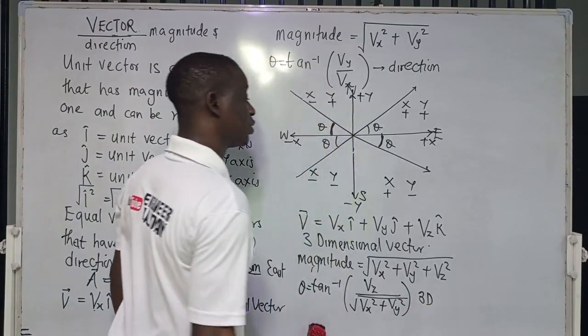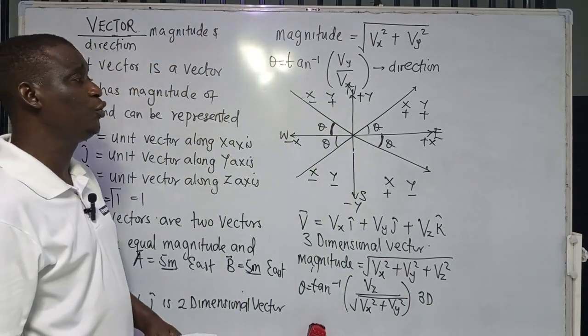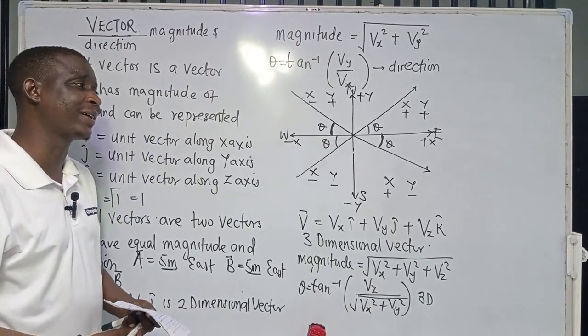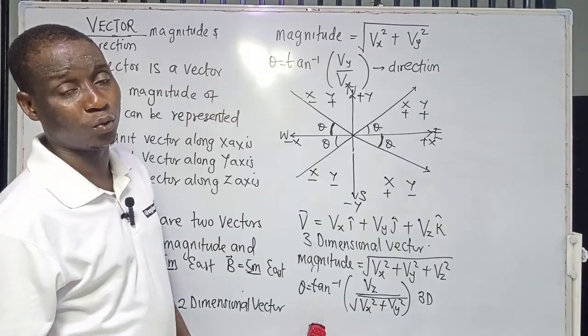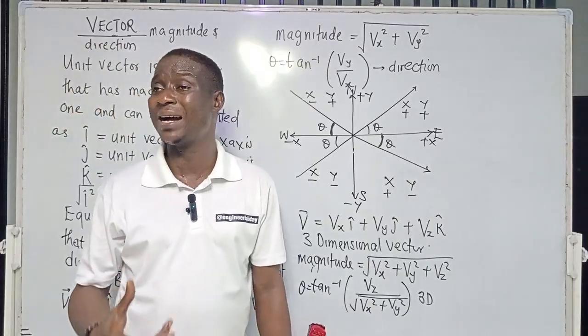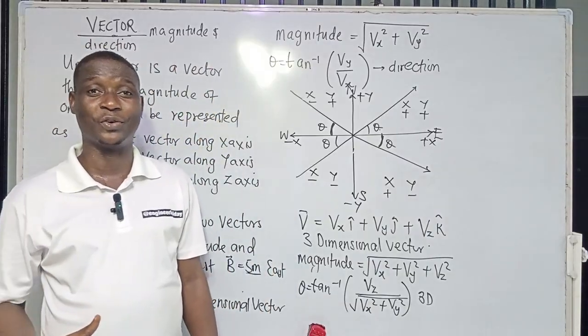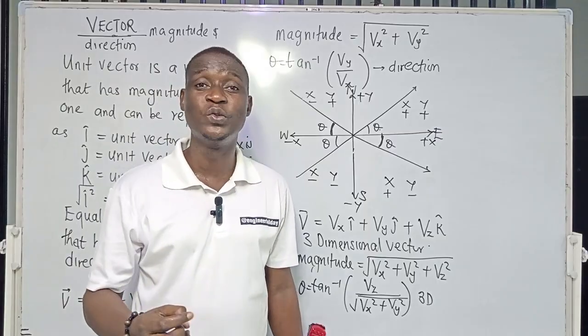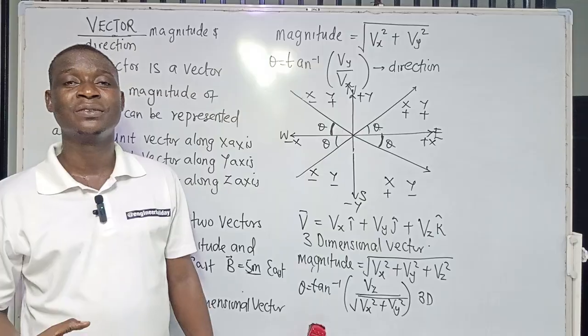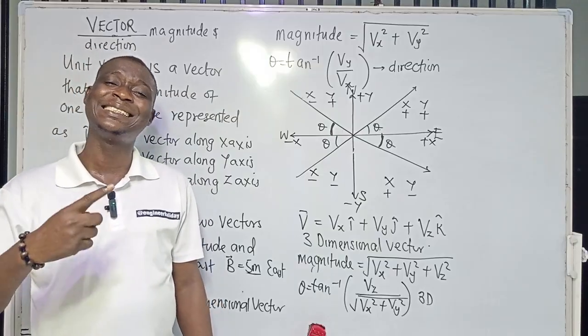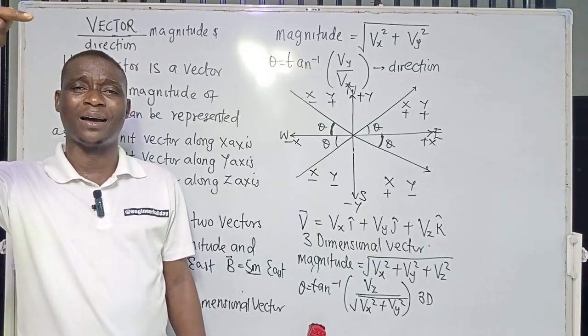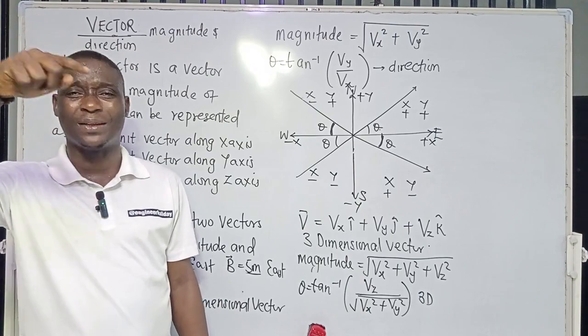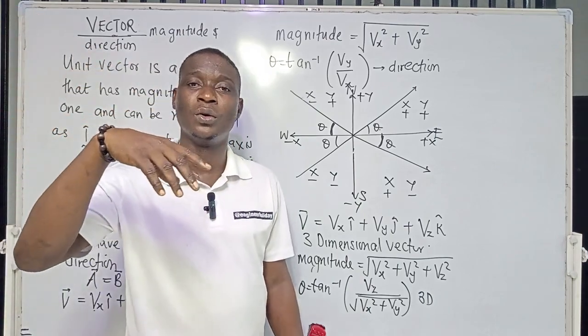Now, having known that, don't forget that I told you that a vector is that which has magnitude and direction, and that direction is indicated as the arrow at the end of the line, or the length of the line represents the magnitude.